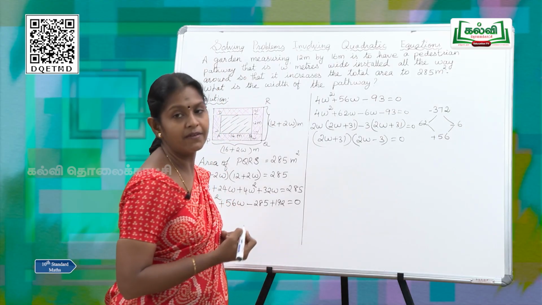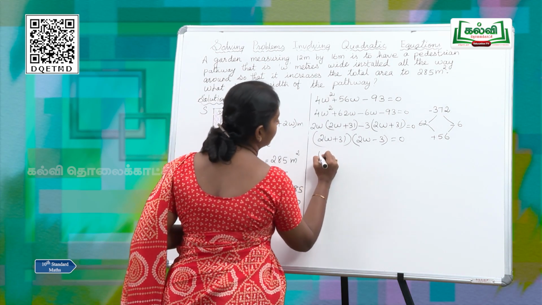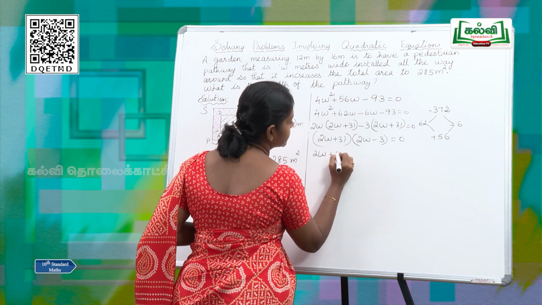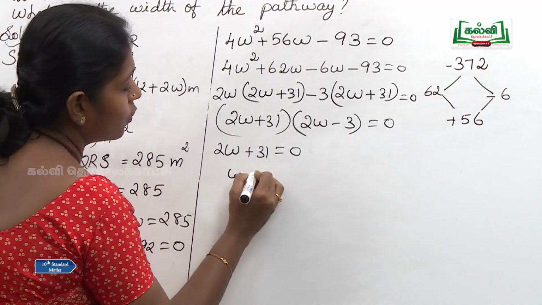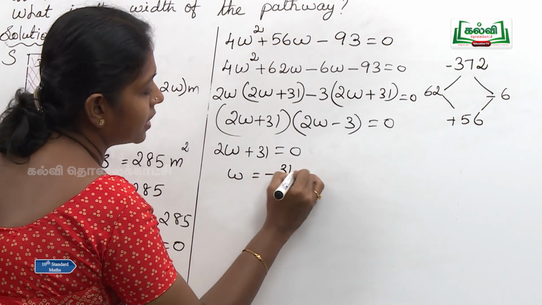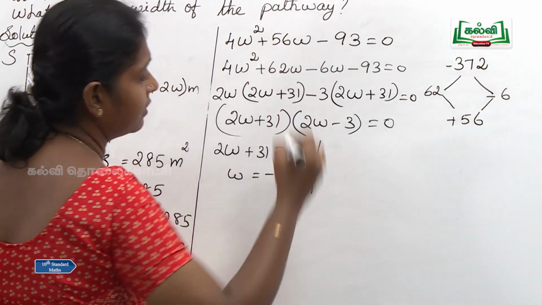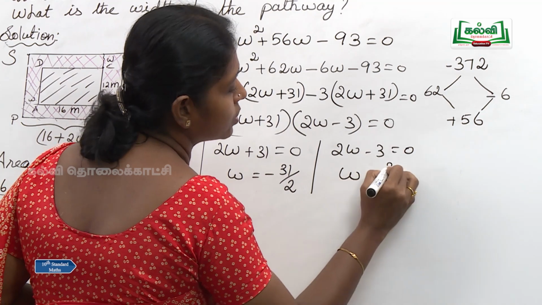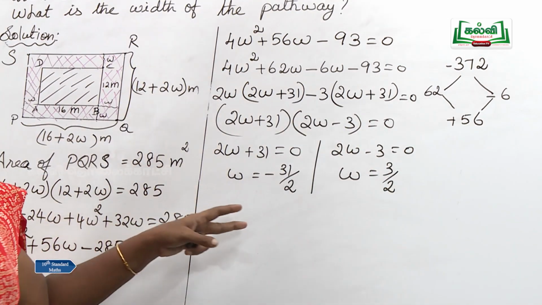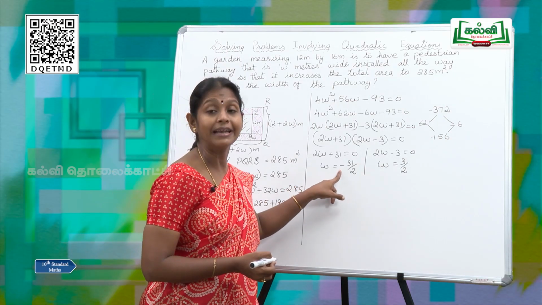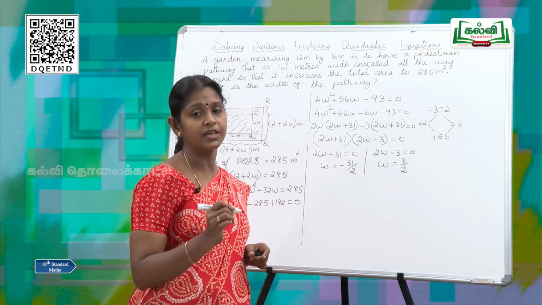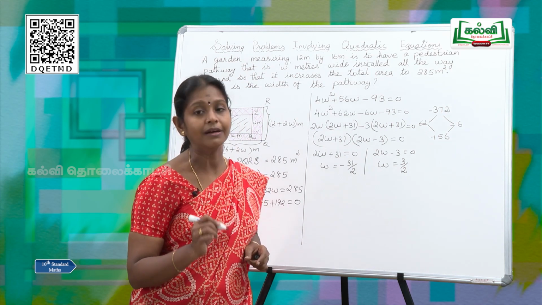From this we have to find the ω value. From the first factor, 2ω plus 31 equal to 0 will give the ω value as minus 31 by 2, and 2ω minus 3 equal to 0 gives ω equal to 3 by 2. Among these two values, this one is negative, so you will not be getting the answer. If you use negative, definitely it will not be the right answer.